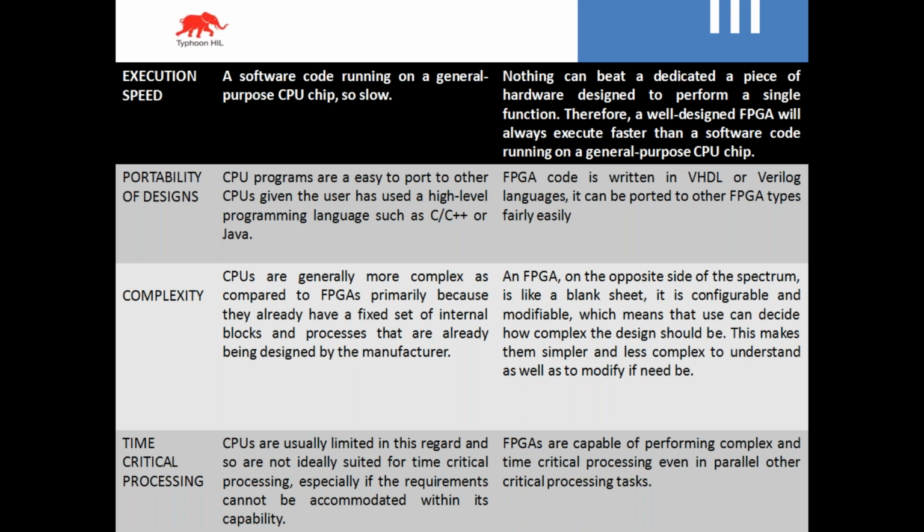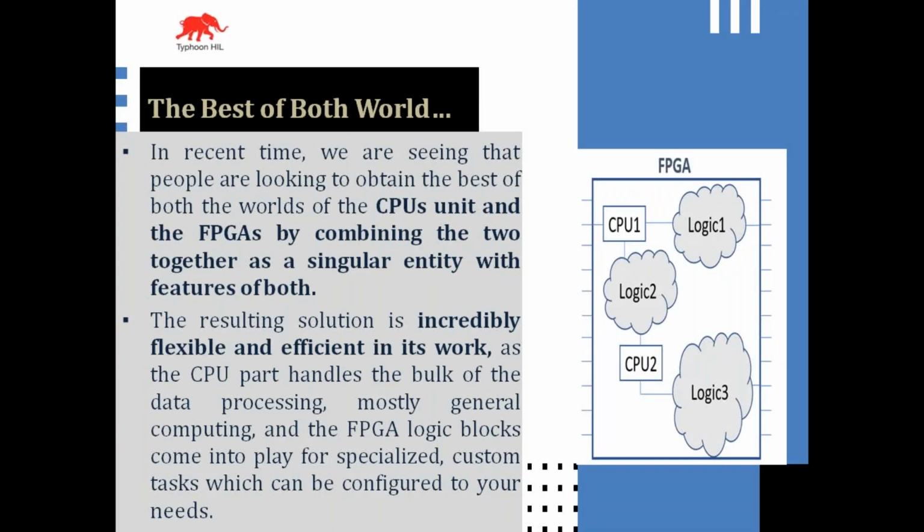This makes them simpler and less complex to understand. Whereas CPUs are generally more complex compared to FPGAs, primarily because they already have a fixed set of internal blocks and processors that have been designed by the manufacturer. So here you cannot configure. This is the advantage of using the FPGA chip as the main processor, and using CPUs also as a secondary processor, because the best of these two cannot be given up.